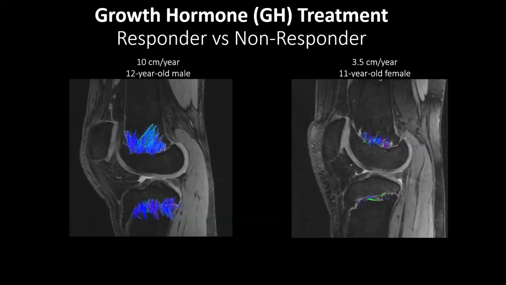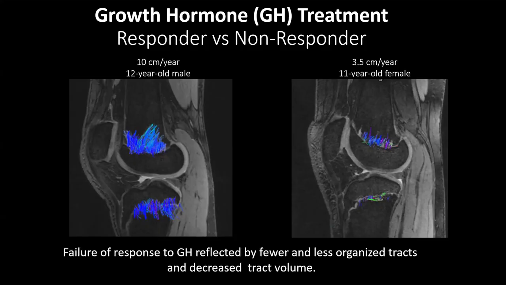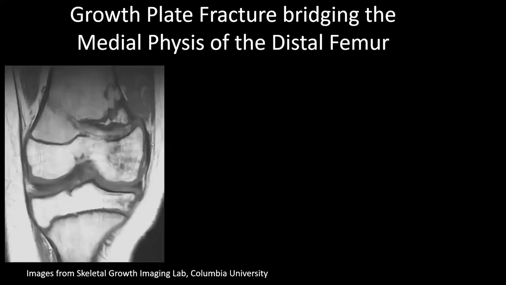But on the right-hand side, we have an 11-year-old female, and the tracts are not so long, they're not symmetrical, especially in the tibia, they're going all over the place, and that will be about 3.5 centimeters. So this is someone that doesn't have any response to the growth hormone therapy, and more or less would just have the side effects of it. So this is something that we need to develop and look at further.